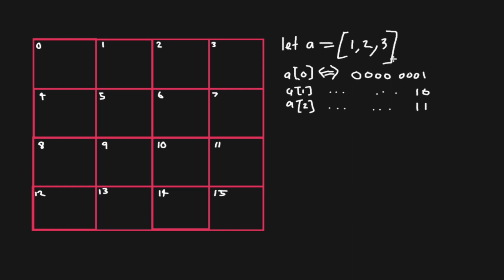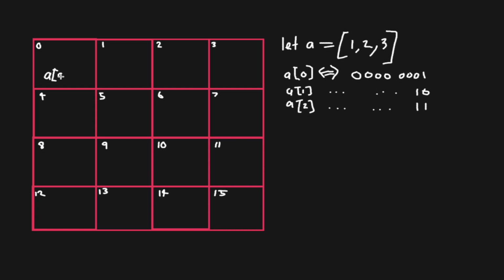So basically the computer looks for the next 3 consecutive free memory slots to store the numbers A0, A1 and A2. So here we have just created a brand new program. The first memory slot will be here.